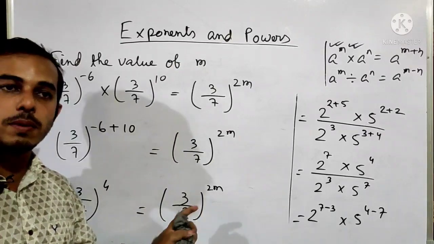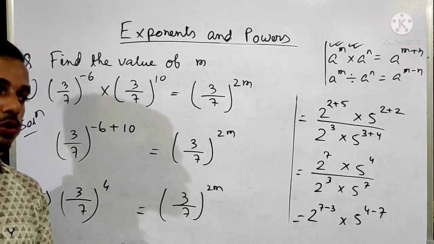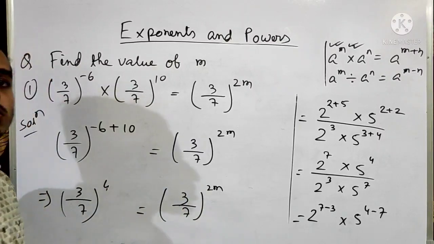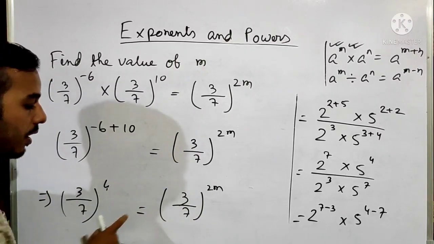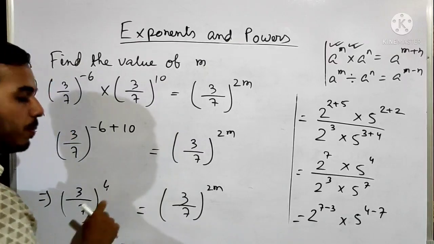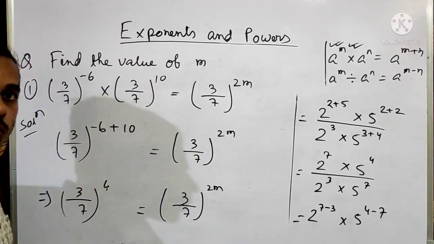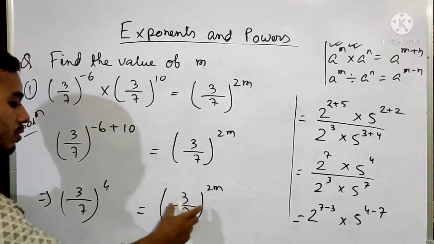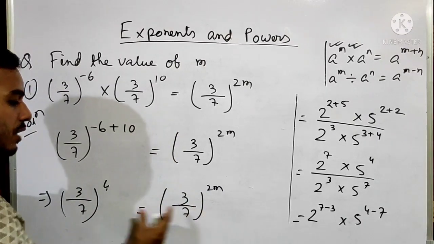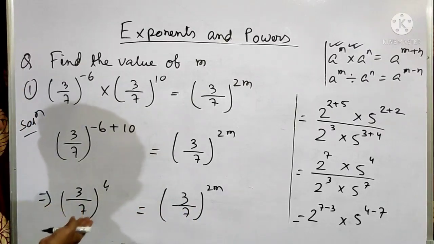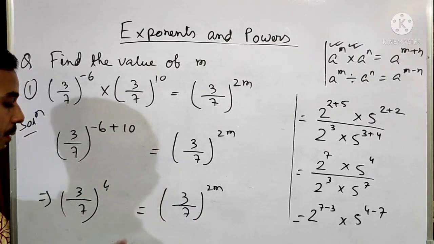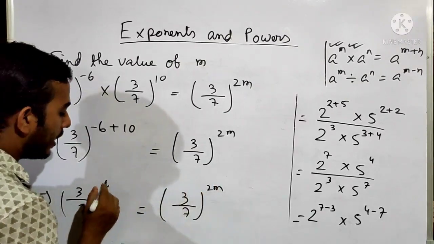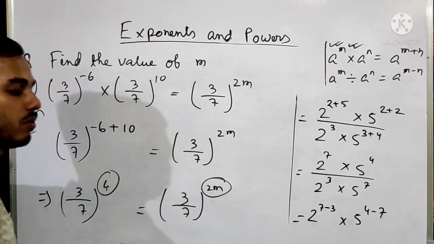Here also the base is 3/7, so both are the same. The base is same and in the middle we have an equal sign, which means their powers are also the same. If the power was not the same, there would not be an equal sign, it would be a not equal sign.